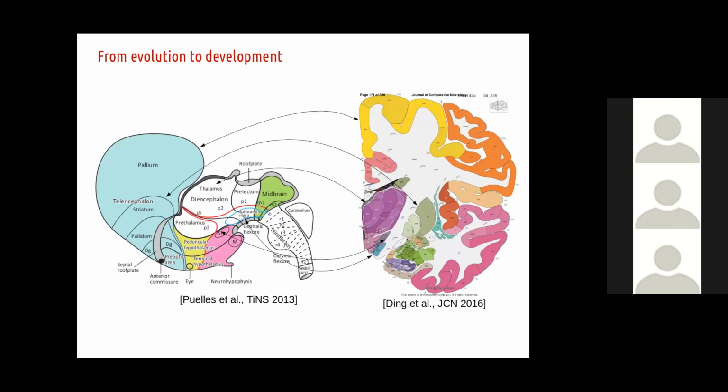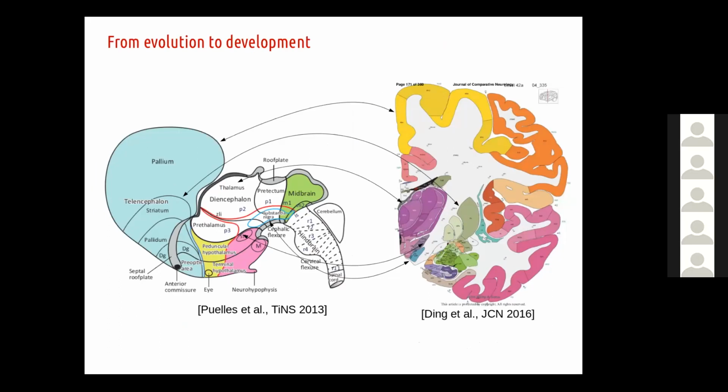I also went from evolution to looking at development, because there you also have a lot of complexity. The mammalian brain, which you can see here on the left side, is a fairly simple plan. Everybody has the same, all the mammals. It's built in the same way, and it already has a lot of details in it.